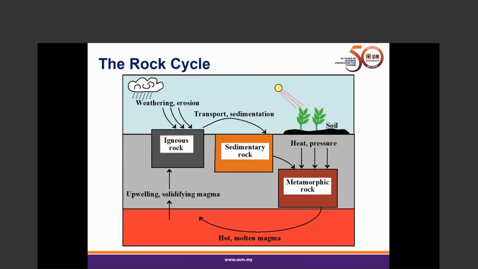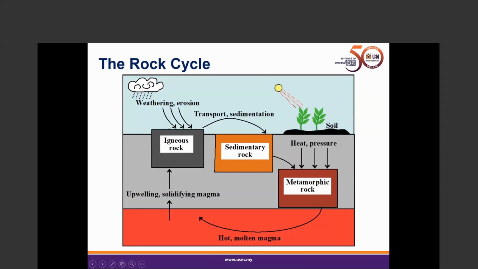This figure shows the rock cycle. On the Earth's surface, the geosphere is composed of rocks, in turn made of various minerals, and usually a thin layer of soil. So we have here igneous rocks thrust upward by tectonic forces.